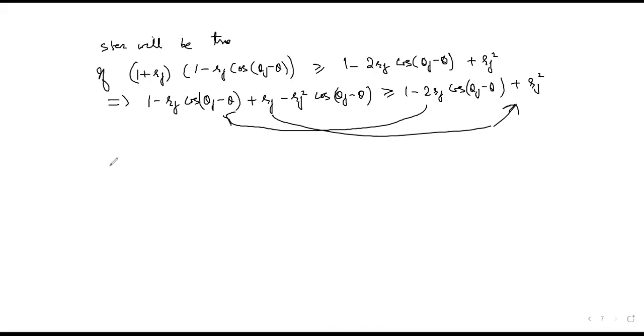So let's see what happens. So it implies that 1 तो खैर कैंसिल हो गए, दोनों साइड्स पे है. So what are we left with?